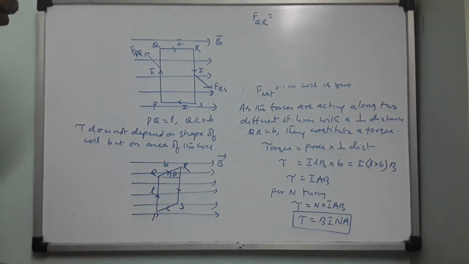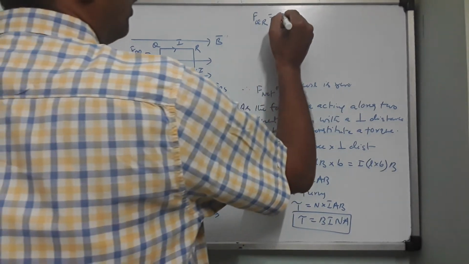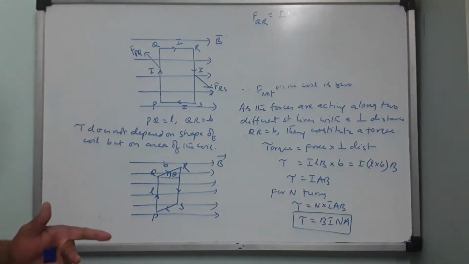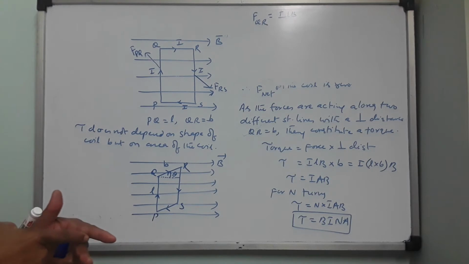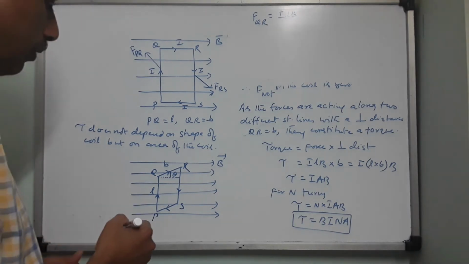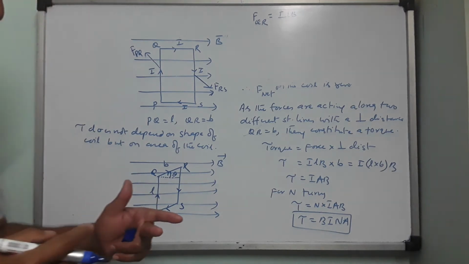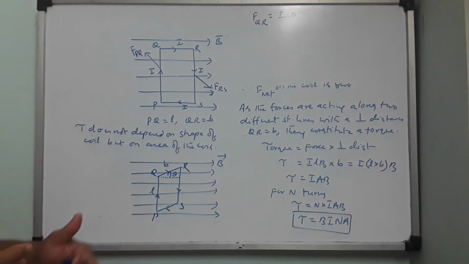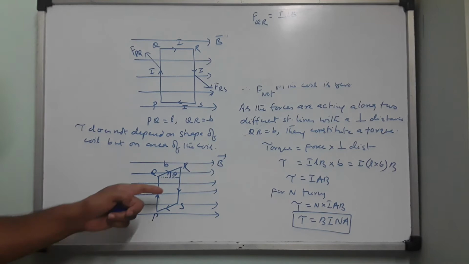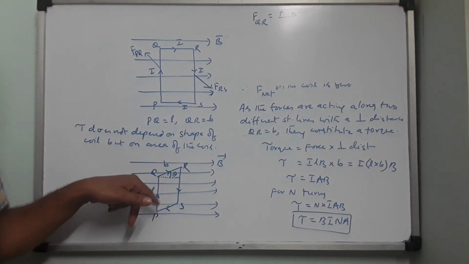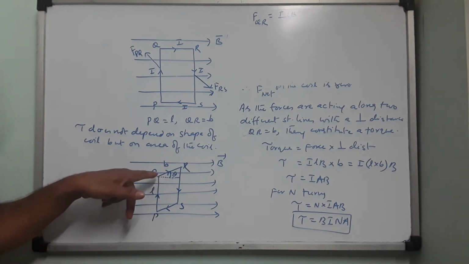Now FQR is nothing but ILB sin theta. Theta is measured between the field direction and the plane of the coil.